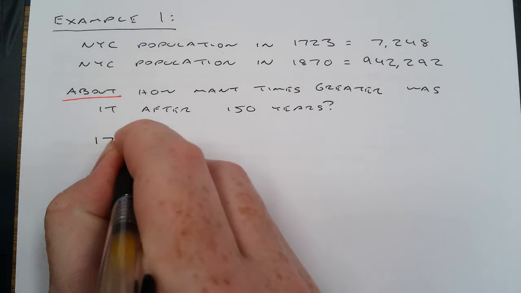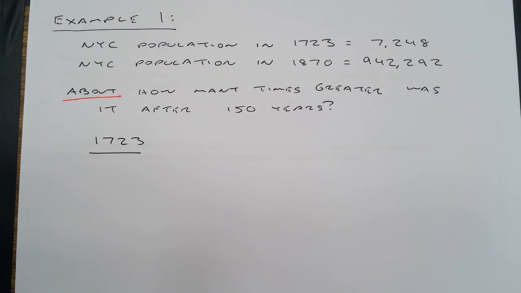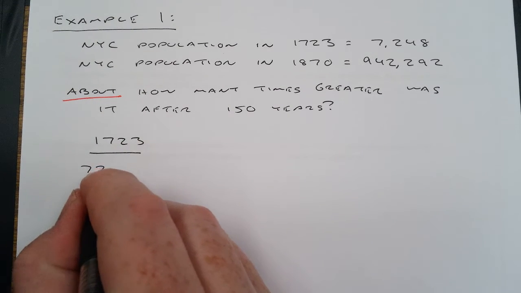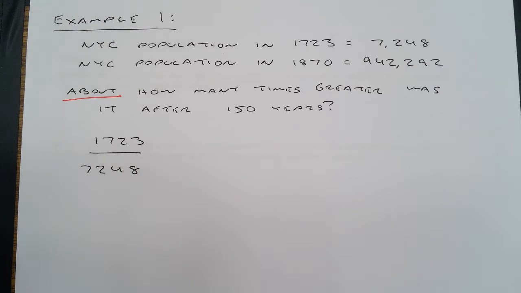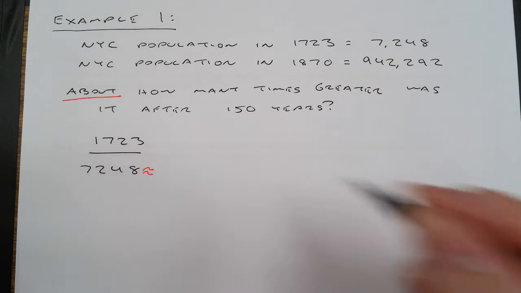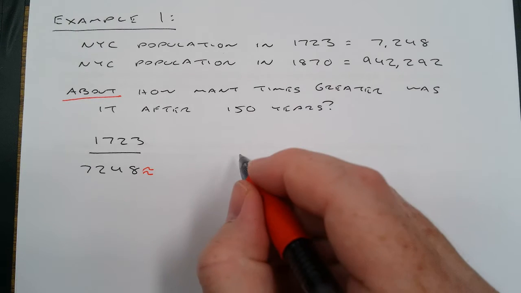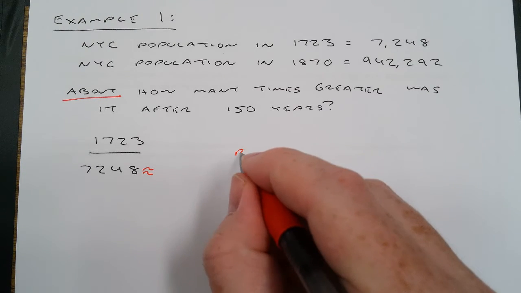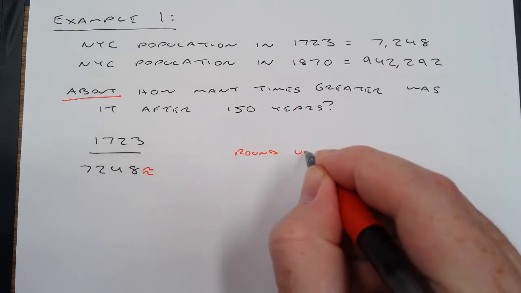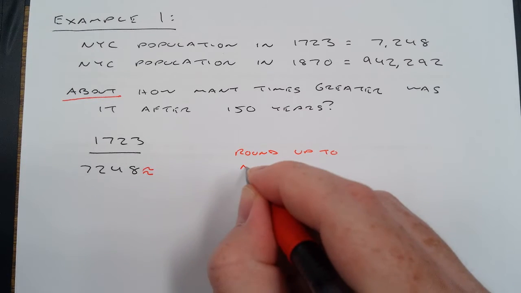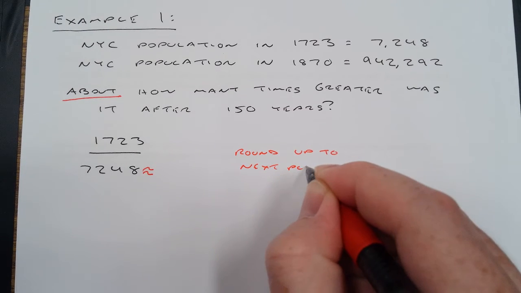So let's first approximate 1723. 1723 was 7,248. What is that close to? Well, to do this, let's use our skills from lesson 7. Let's round up to the next place value.